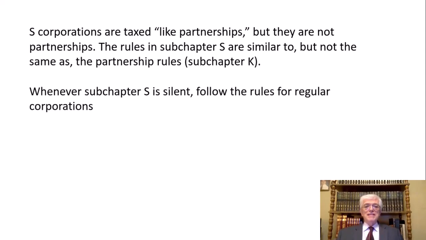Whenever subchapter S is silent, follow the rules for a regular C corporation. That's going to be fairly rare. You're probably not going to see many situations where you don't have guidance in subchapter S. But if you don't, go with subchapter C.